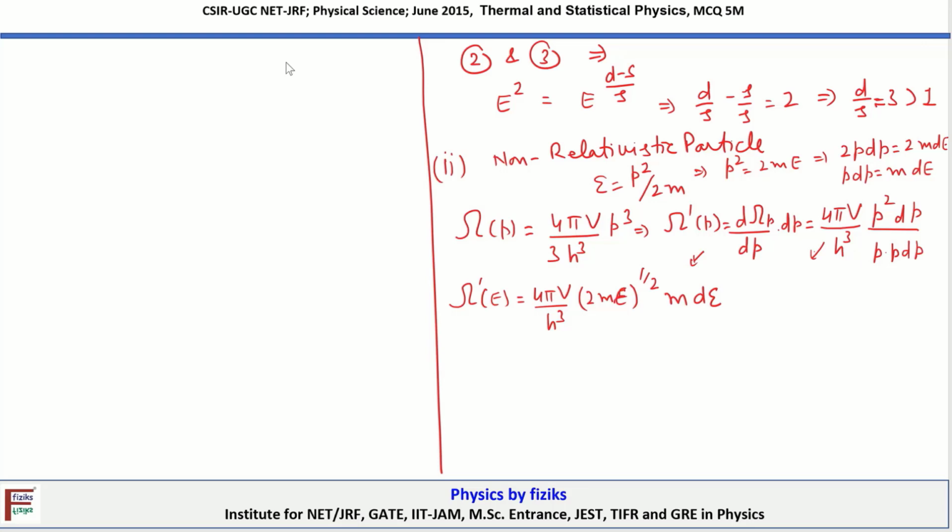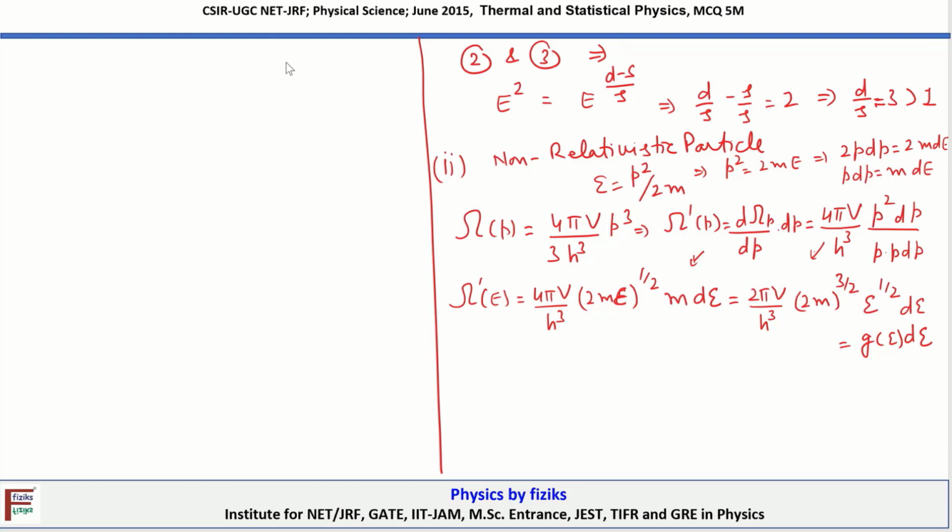So here it's the same thing, E. After rearranging the terms, this is equal to 2 pi B upon h cube, and then 2m power 3 by 2 E power 1 by 2 dE, and that is nothing but G E dE.